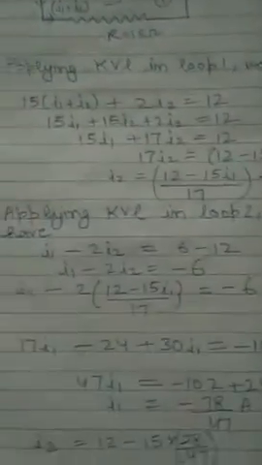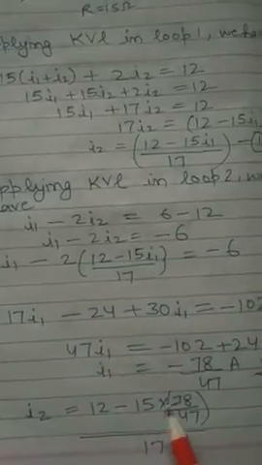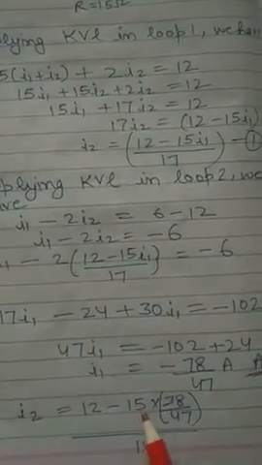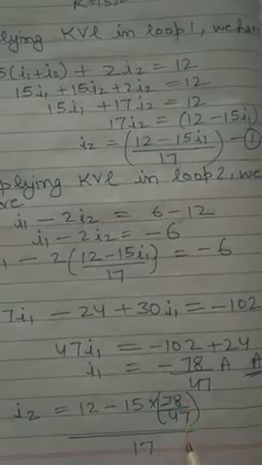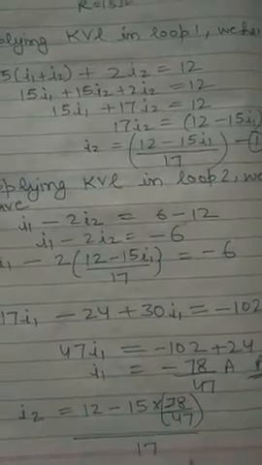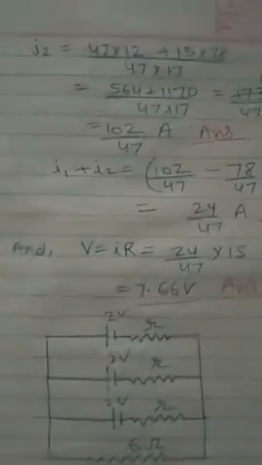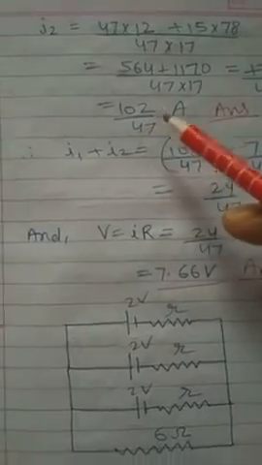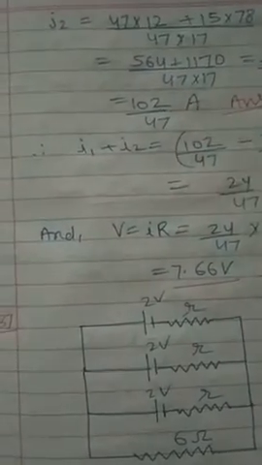Clear? Now I2: putting the value of I1, 12 minus 15 into minus of 78 by 47 upon 70, minus will become plus, and solving this equation you will get I2 equal to 102 by 47 ampere.